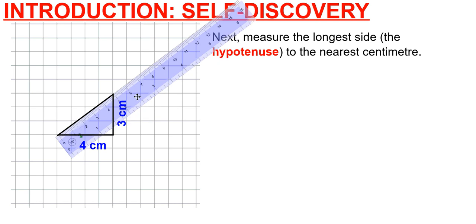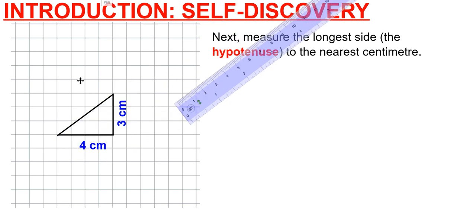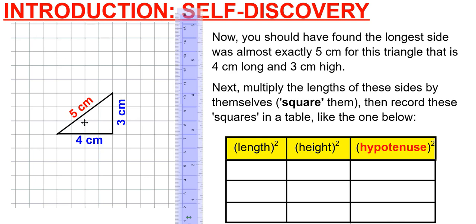And so, for my one, the hypotenuse is 5 centimetres long. So this is a 3, 4, 5 triangle. You should have found that the longest side was almost exactly 5 centimeters. So I'm going to record this down in this table.